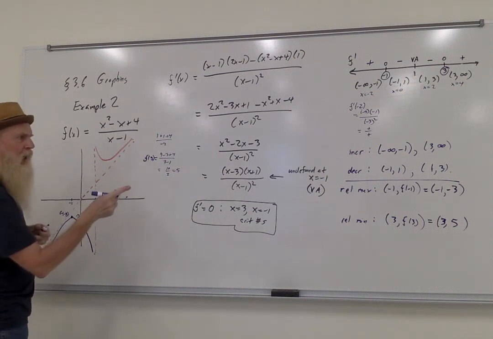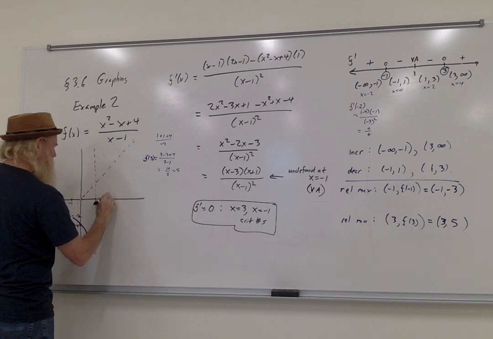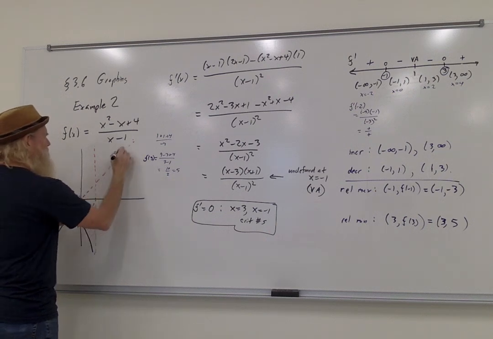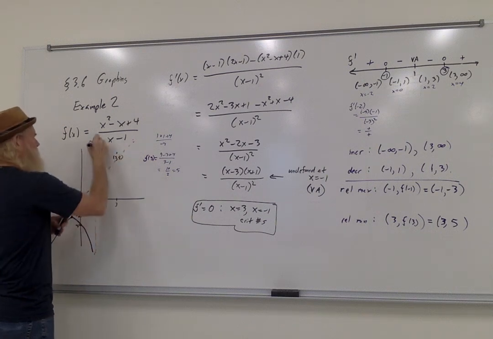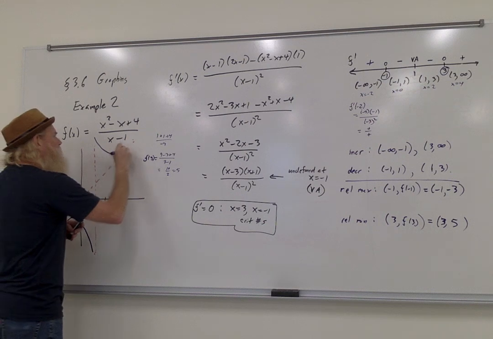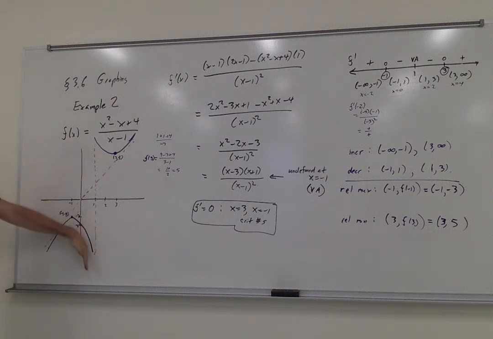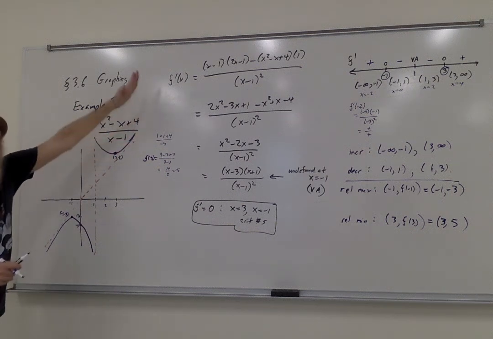And over here at 3, 5, fine-tuning a little bit more. Here's 2, here's 3. At 3, 5, there's going to be a relative minimum. And notice in terms of increasing and decreasing, the function is increasing to negative 1, decreasing from negative 1 to 3, increasing from 3 to infinity.